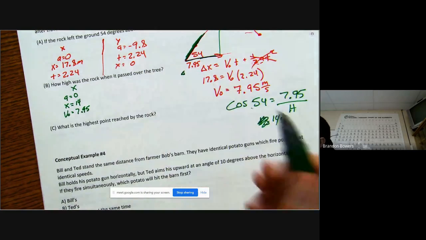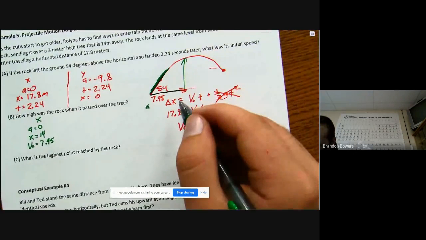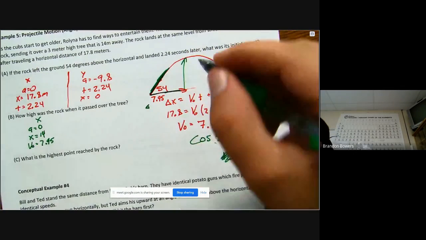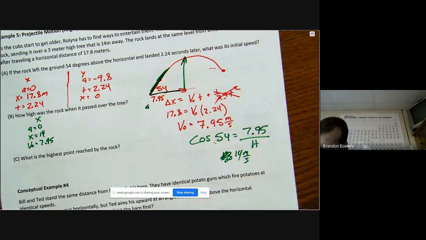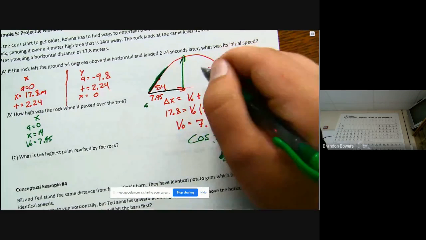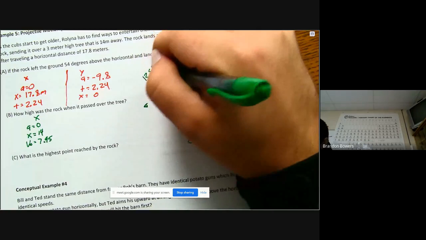I have my drawing over here, and I'm going to use the same drawing. If I do a squared plus b squared equals c squared, I can see the height. This was 13.5 meters per second.